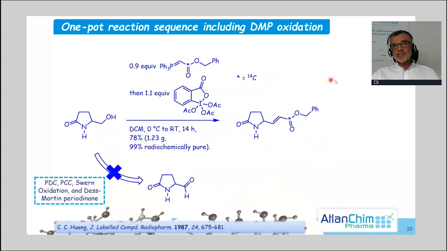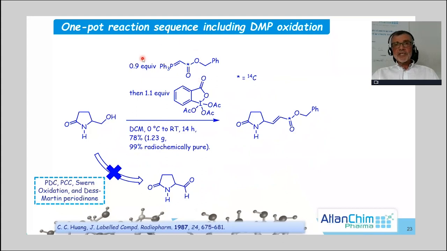For example, during the course of the preparation of this labile intermediate, several oxidation reagents and conditions, such as PDC, PCC, Swern reagent, Dess-Martin periodinane, were examined for the conversion of this primary alcohol to this corresponding aldehyde, but no desired product was isolated.